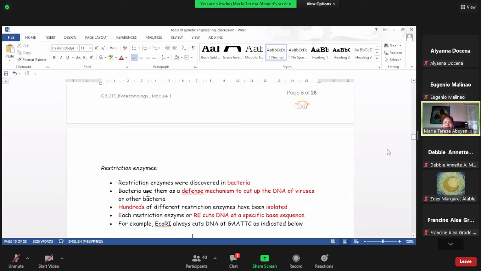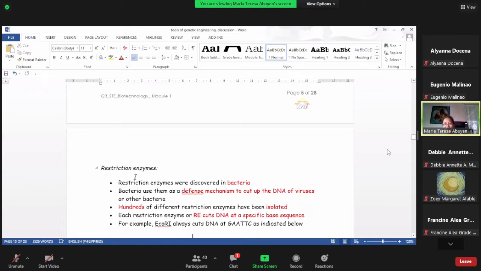What attacks the virus that wants to infect them is the restriction enzyme.